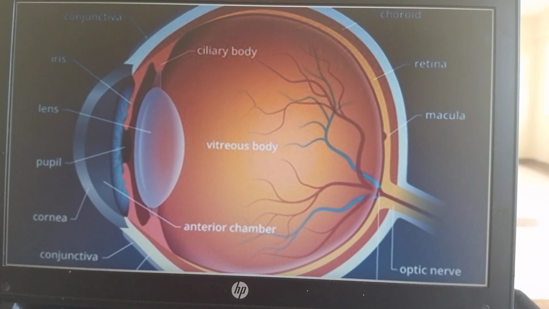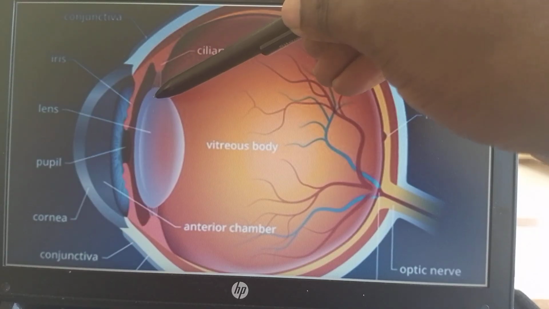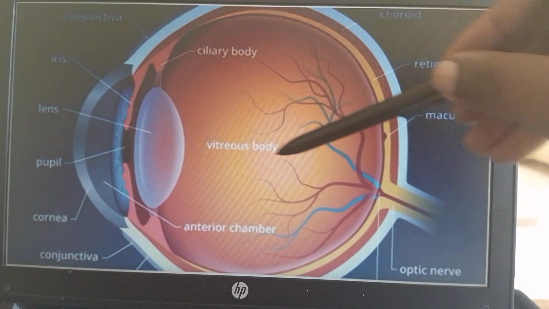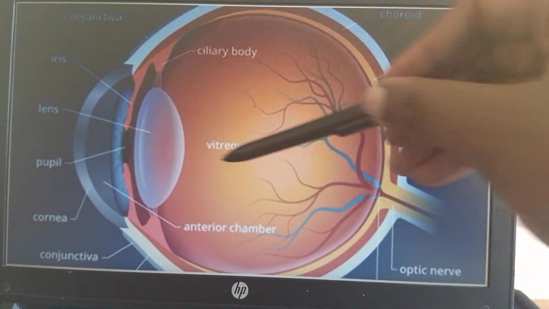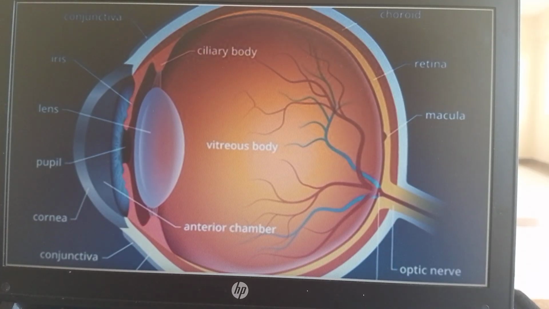Therefore, any obstruction on these structures we have mentioned will cause opacification. Therefore, it means light will not be able to pass through, and therefore you will not be able to see.